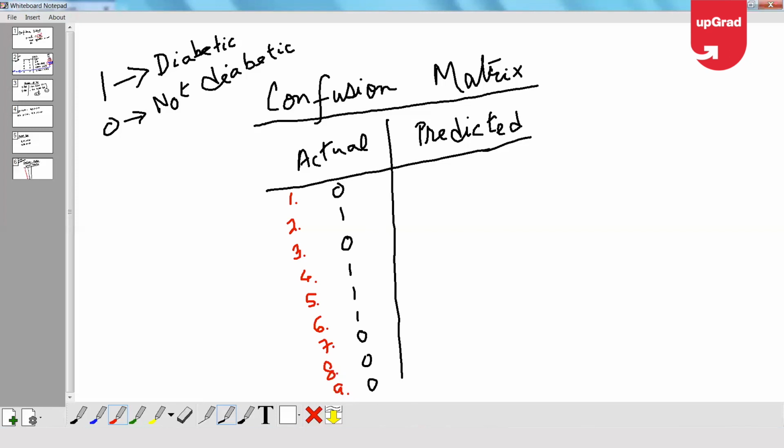So we have 9 observations, data for 9 people.